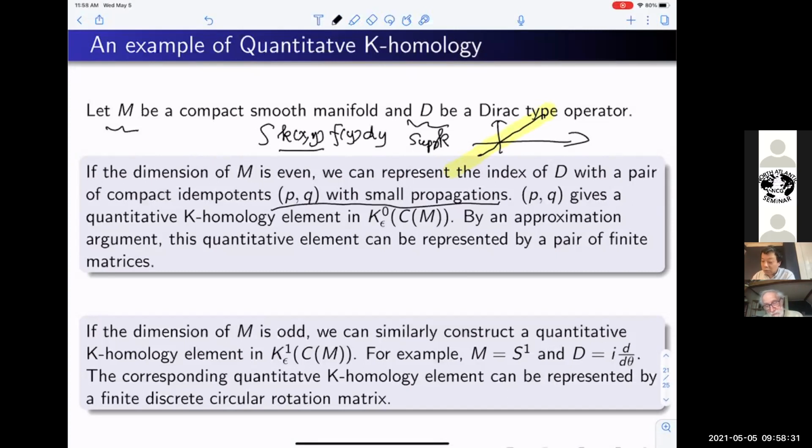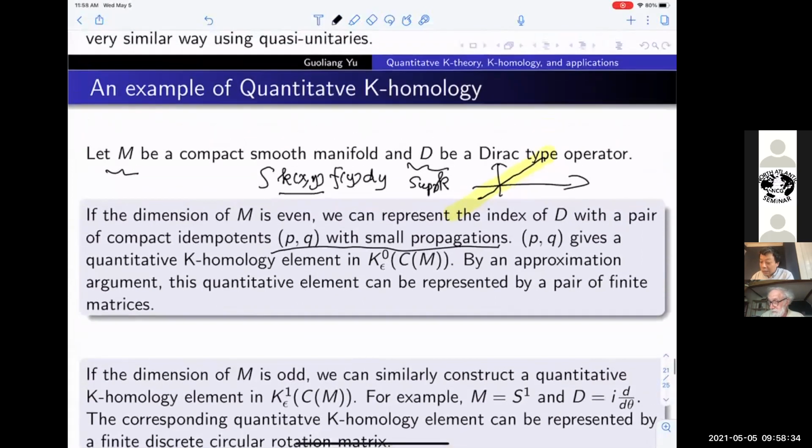And this actually represents the K-homology. So a K-homology element can be represented by just finite matrices with small propagation. It can be computerized in a way. Finite matrices are something we know how to deal with.